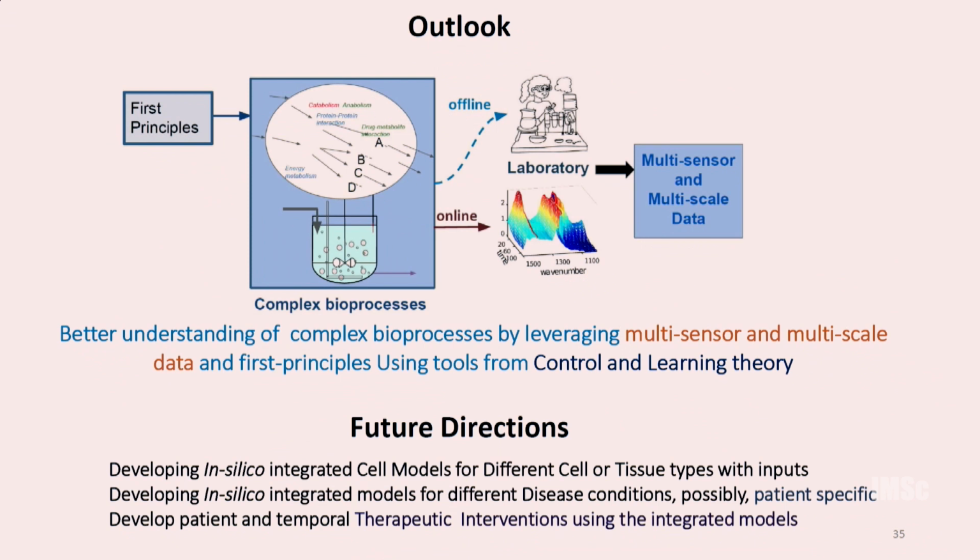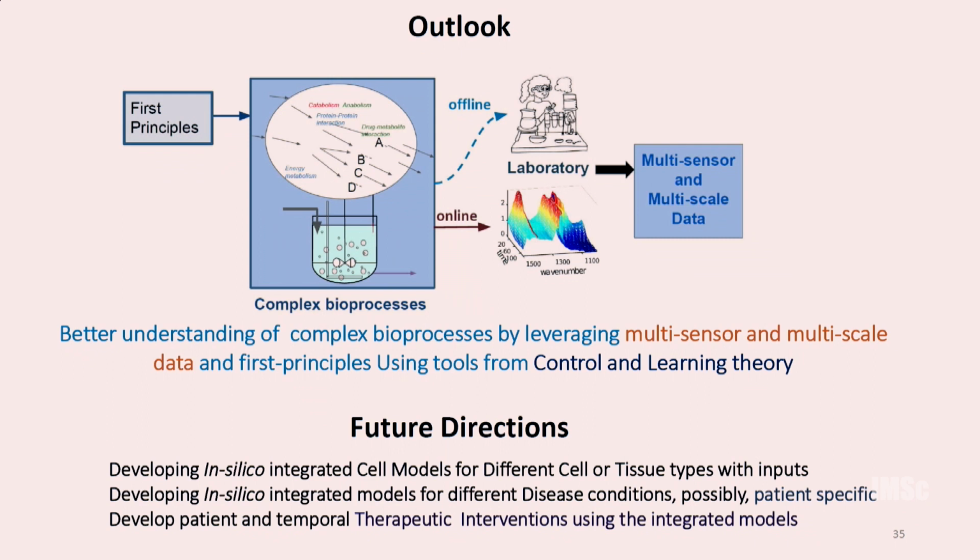So as I told you, our main goal is to actually understand biological processes using different kinds of data. But we want to use control and learning theory to do that. And we do not want to leave the first principles at all, because in the world of crazy data-driven or black box approaches, the first principles keep us grounded, because they provide a lot of insight which is difficult to get using some of the data-driven models.